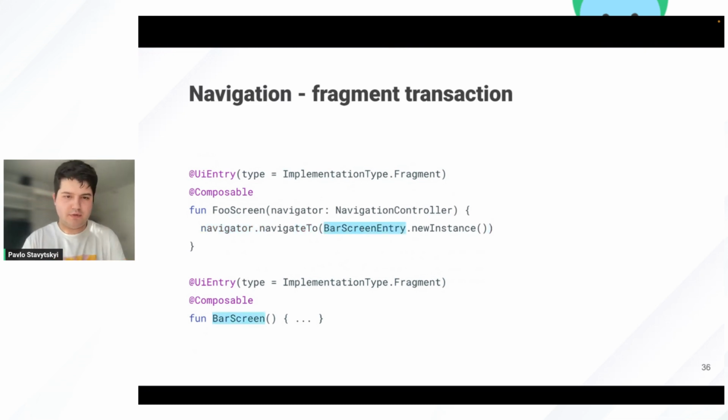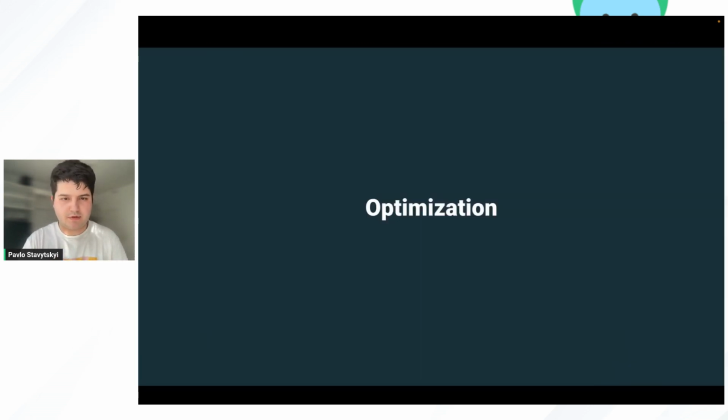So for the naming, we have bar screen and we use this entry so that we have a reference to that fragment. But we need to think here about a little bit of optimization. Let's say you're writing a new feature that consists of 10 composable screens.